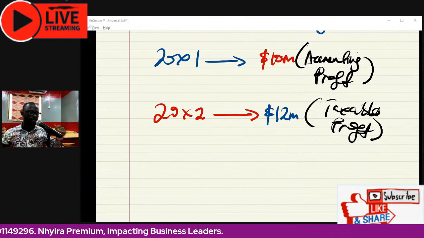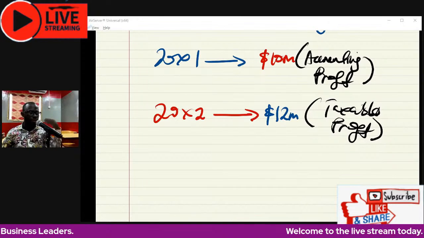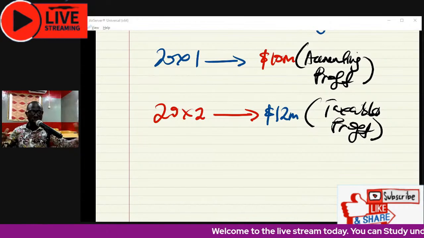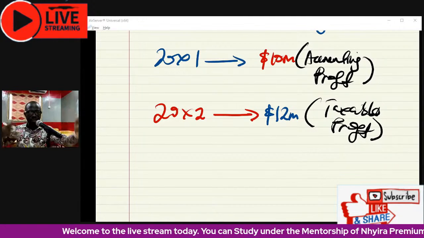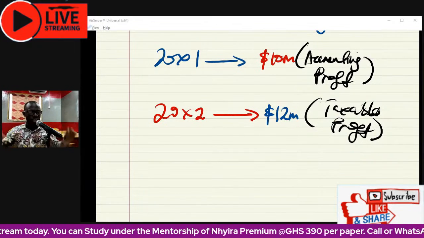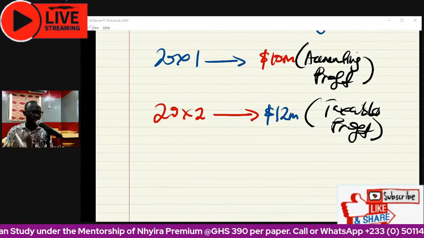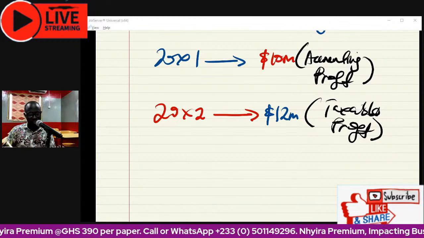The entity had estimated, based on the accounting profit, that they will pay a tax of $10 million. But when the tax authority comes, they are going to readjust the financial statement. And based on the readjustment, they will conclude that no, you're not going to pay $10 million. Your tax liability is going to be $12 million.